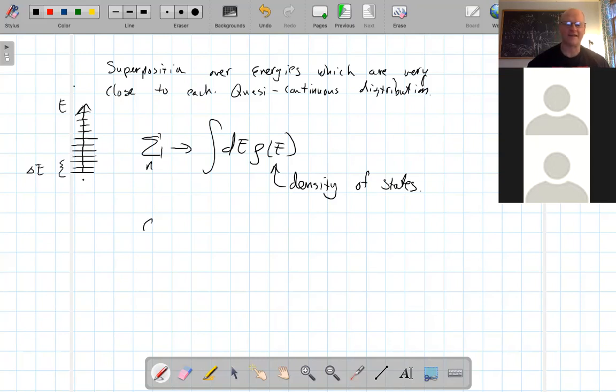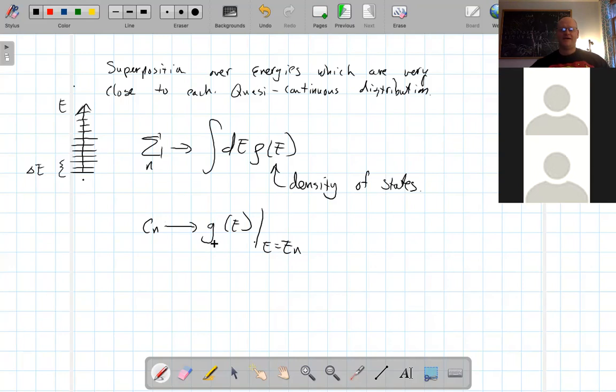The other thing is that our Cn's, which here were simply constants, are actually going to become functions of the energy, each evaluated at some particular energy.